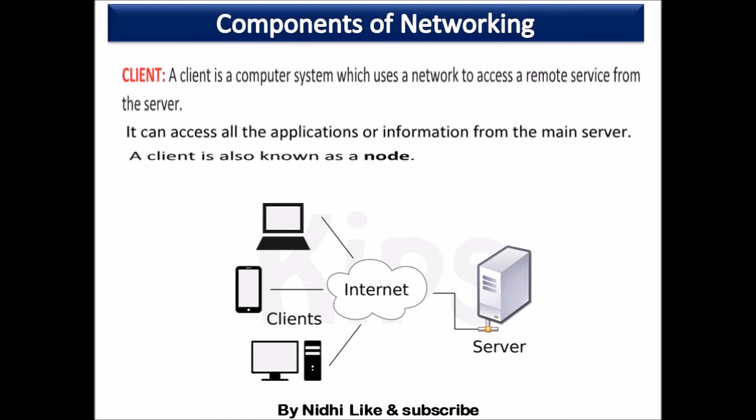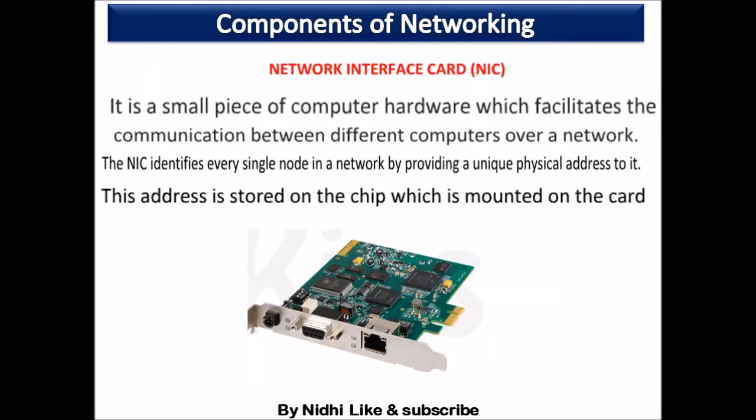See here in this diagram, this mobile, this laptop or computer, are known as clients because we are connected with the internet, and the internet is connected with the server. The server is a powerful computer, and our machine is known as a node, or we are the clients making requests through the internet, and the server responds to us or serves our request. So this is about client and server. Internet is based on client server architecture.